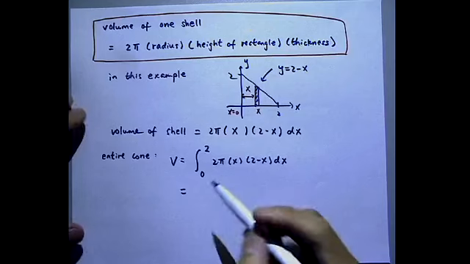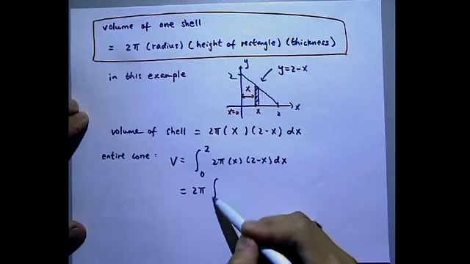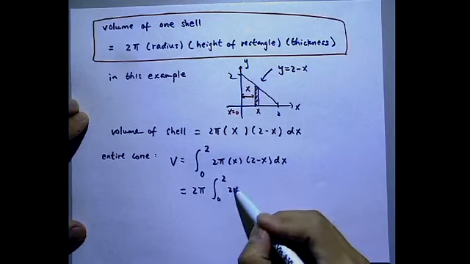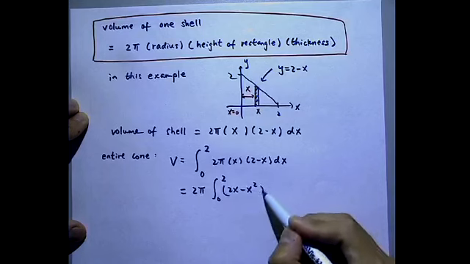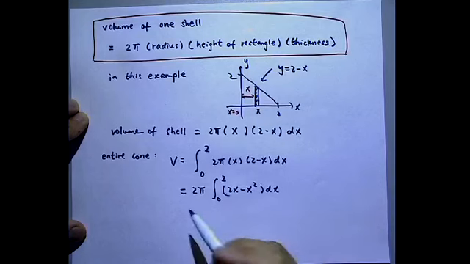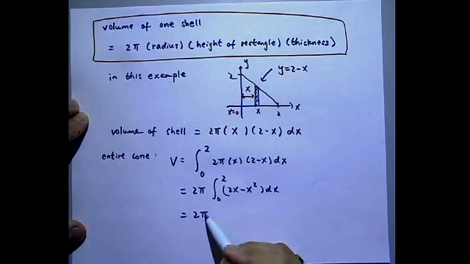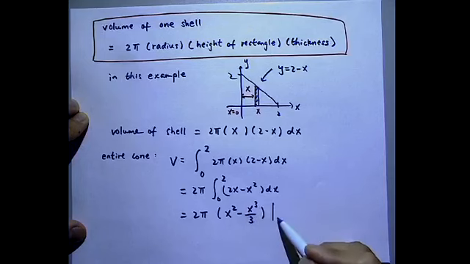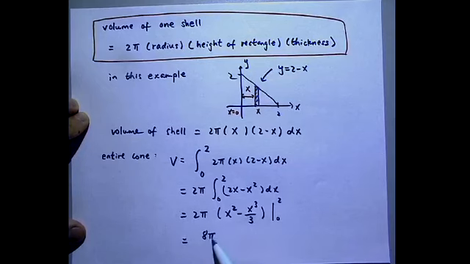And now the easy part. Let's take 2 pi out of here and distribute the x into here. All right? And trust me, this turns out to be 8 pi over 3.